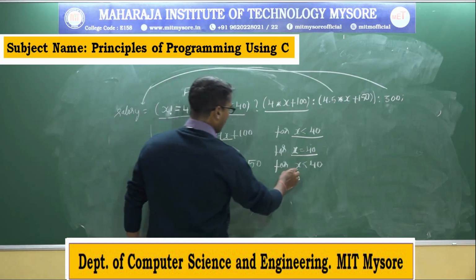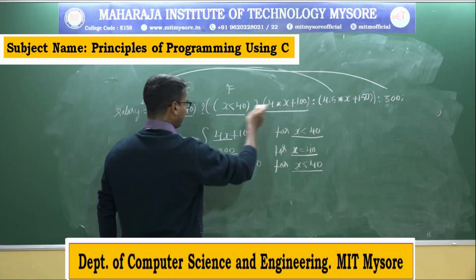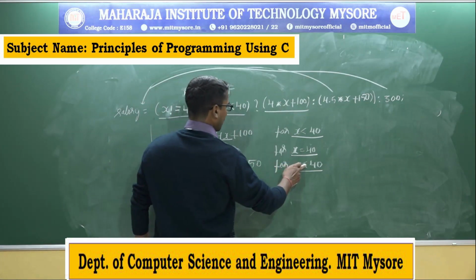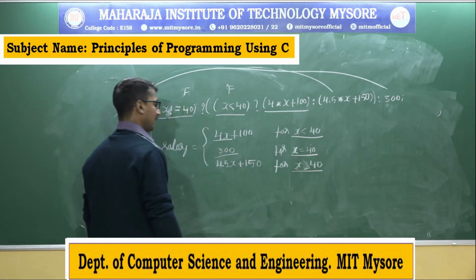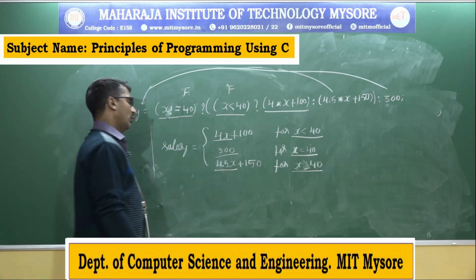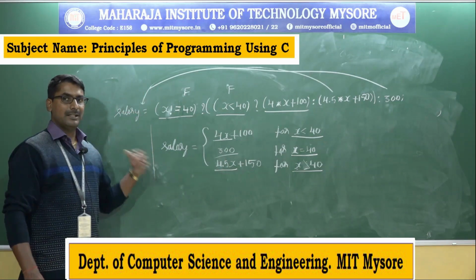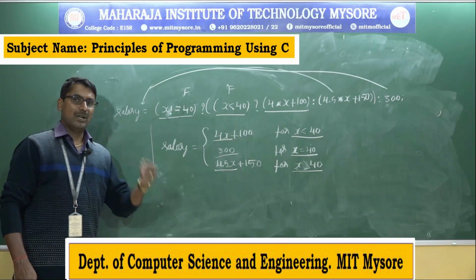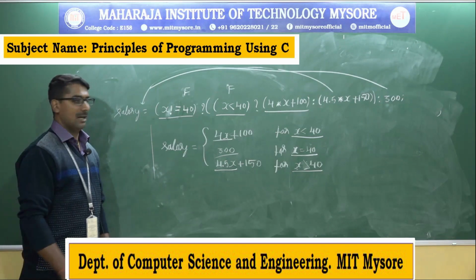If x is greater than 40, then 4.5x plus 150 will be assigned. So here we can nest conditional operators. One conditional operator can be nested with another conditional operator.